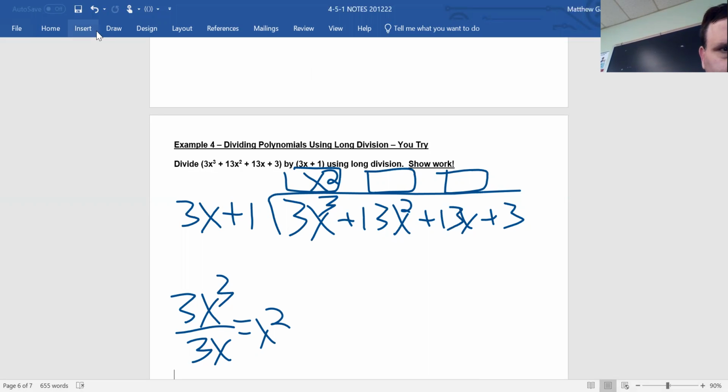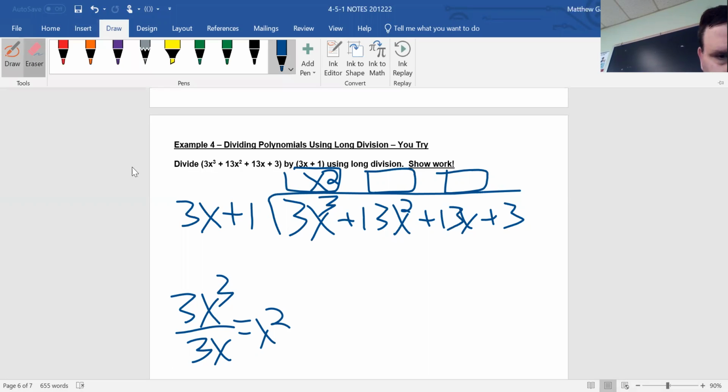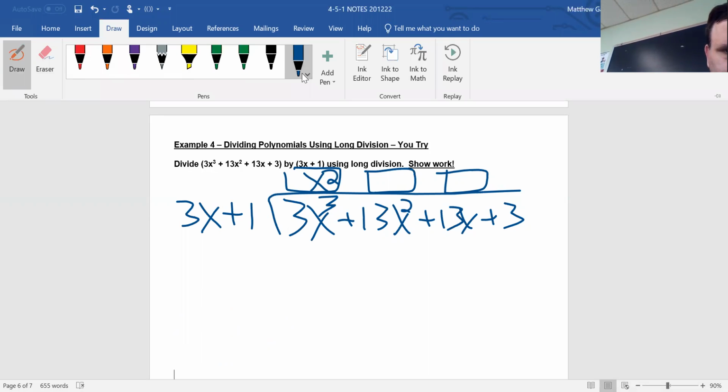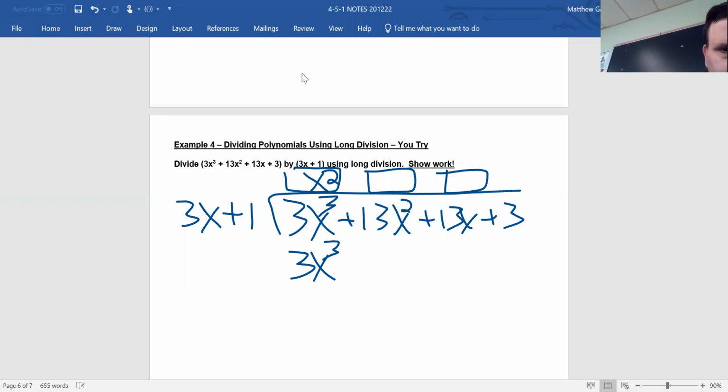We can just multiply quickly. Using the distributive property, we get 3x cubed. X squared times 3x is 3x cubed.